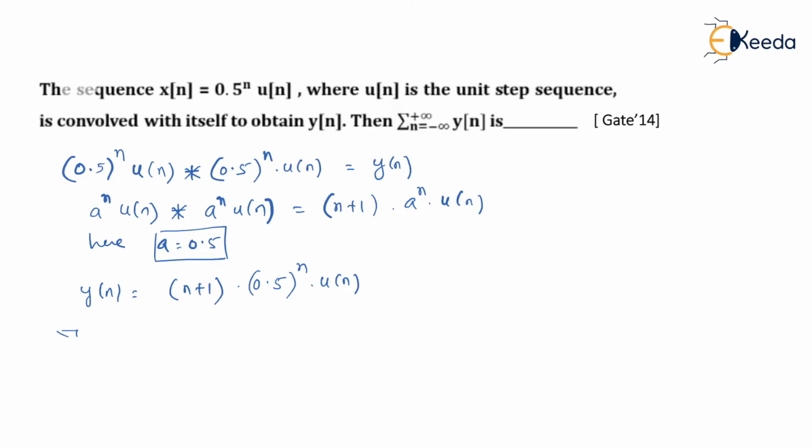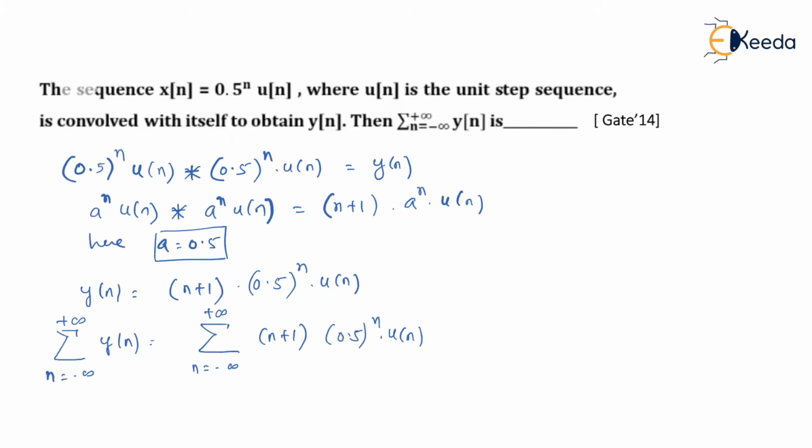So let us do summation on both the sides, that is n equal to minus infinity to plus infinity y of n equals, where n moves from minus infinity to plus infinity, n plus 1 times 0.5 raised to n u of n.